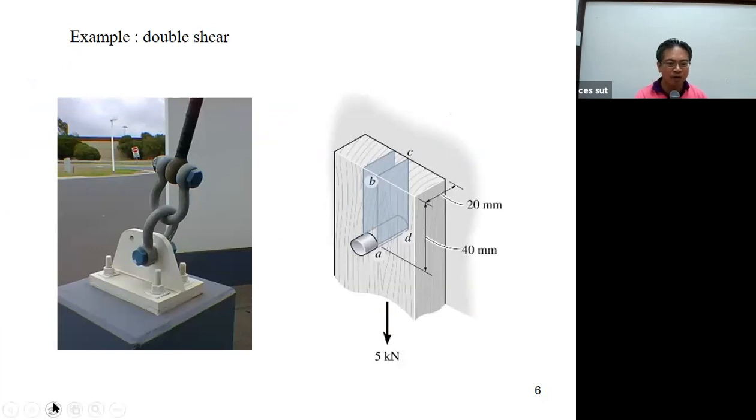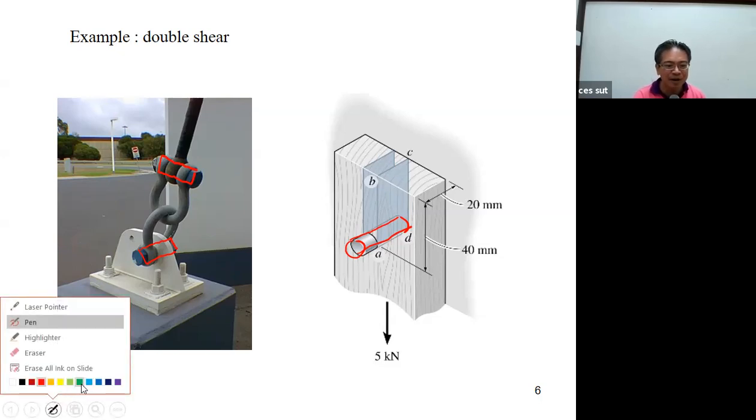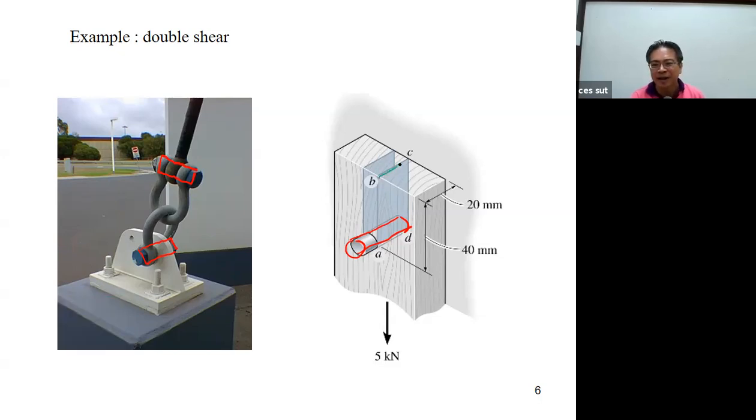Now the bolt over here is going to be the example of the bolt that is in double shear. However, the bolt over here, let's show here, this here is going to be in single shear. Okay, so the bolt can be in double shear and single shear. And at the same time, if you consider the timber, you may see by using this one, the failure of this timber has two failure planes here.